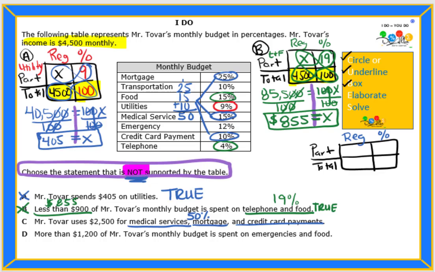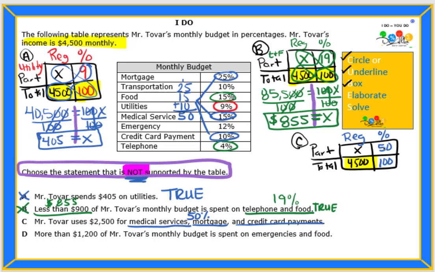That's what we figured out. So that would be 50% out of 100%, which is the entire budget. We also know the total or entire budget is $4,500. So we can figure out the part that would be for medical services, mortgage, and credit card payments.